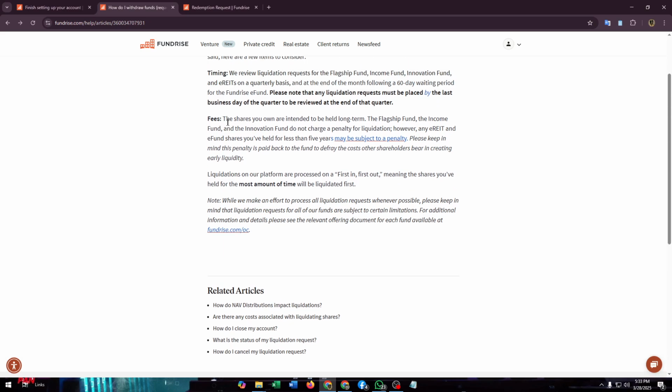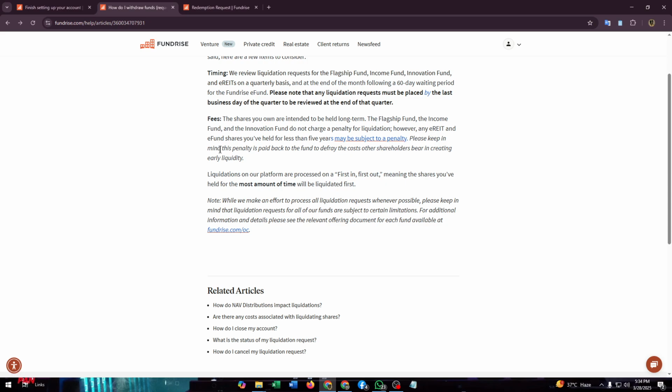And the fees here, they have just talked about the fees, that the shares you own are intended to be held long term. The flagship fund, the income fund, and the innovation fund do not charge a penalty for liquidation. However, any eREIT and eFund shares you have held for less than 5 years may be subject to a penalty.